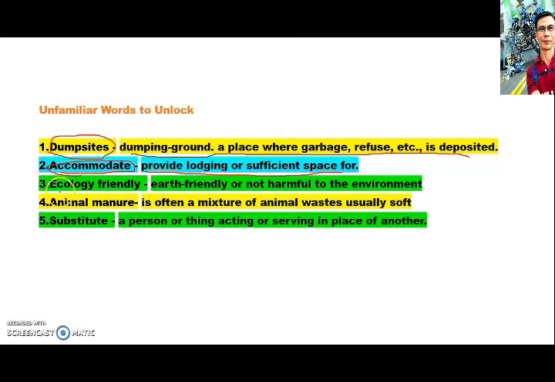Number three, ecology-friendly, earth-friendly or not harmful to the environment. Number four, animal manure is often a mixture of animal waste, usually soft, or in short, poo-poo. And number five, substitute, a person or thing acting or serving in place of another, or can be used in another way.